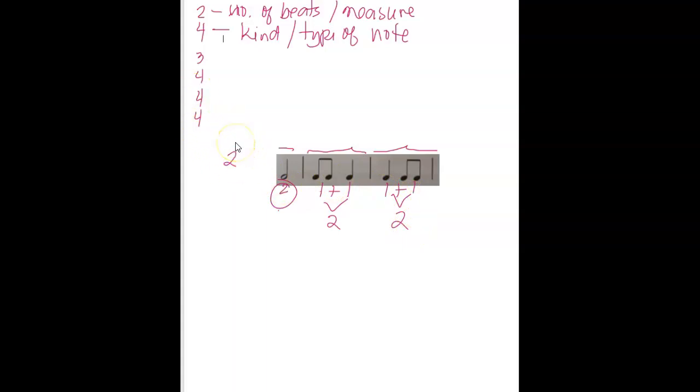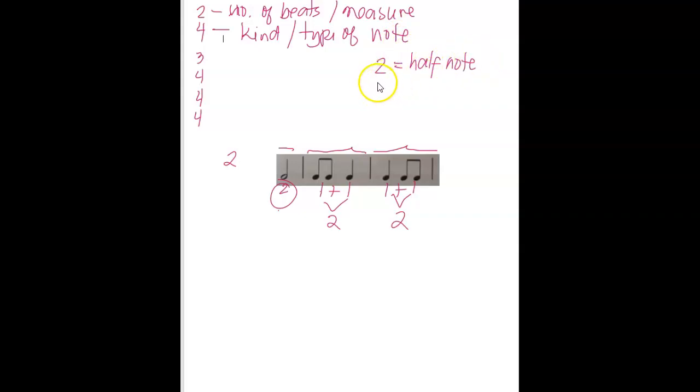So now, let's find out what kind of bottom number that we are going to use, or bakit ba magiging 4 ang bottom number? So anak, I have here a clue. Kapag si bottom number ay 2, ang gagamitin na type of note is a half note.